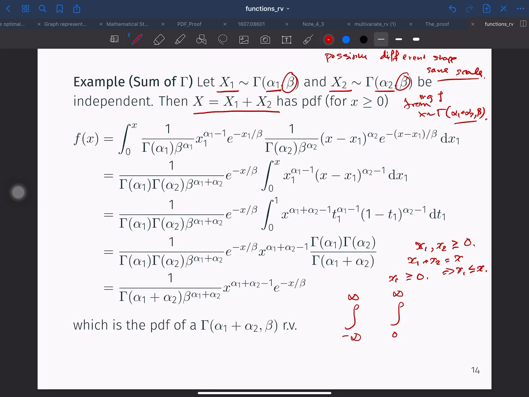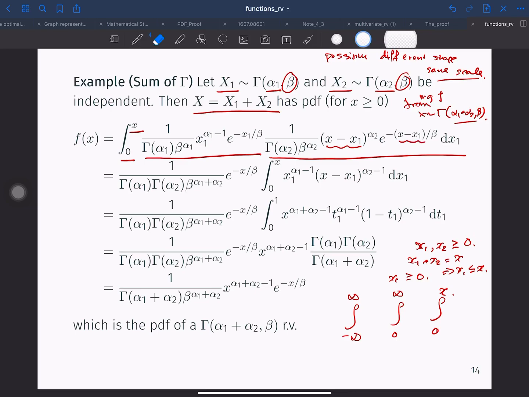So our limit of integration really should be going from 0 to x. That's why you integrate from 0 to x. In many of these kinds of problems in convolution, you have to be careful about the limits of either summation or integration. In any case, integrate from 0 to x. This is the marginal PDF for x1, and this is the marginal PDF for x2, evaluated at x minus x1.